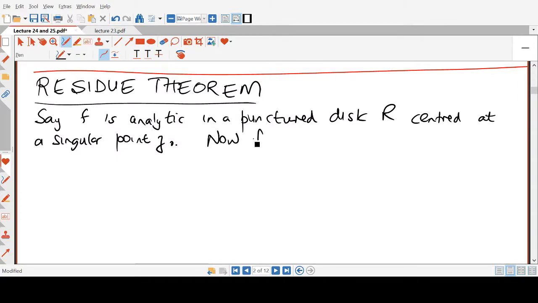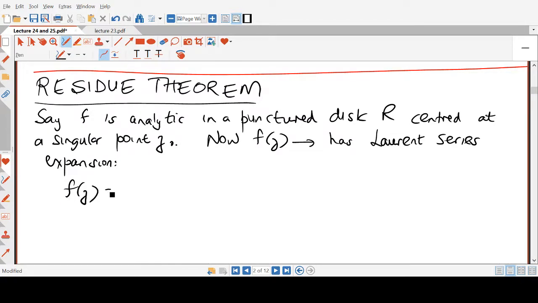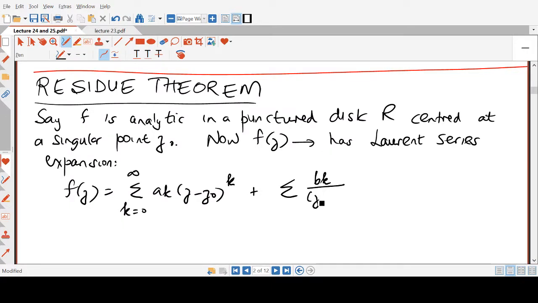Now, f of z has a Laurent series expansion here, which we have written before as f of z equals the sum of a_k (z minus z naught) to the power k, from k equals 0 to infinity, plus the sum of b_k over (z minus z naught) to the k, from k equals 1 up to some number n.